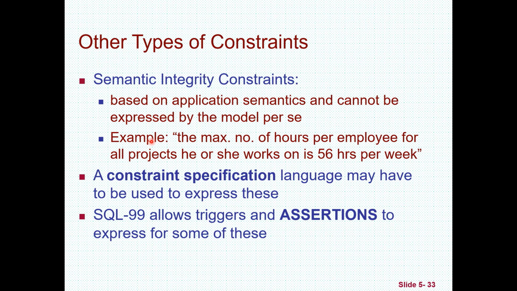For example, the maximum number of hours per employee for all projects he or she works on is 56 hours per week. If one person may work only 56 hours a week, we can keep that as a constraint. The constraint specification language may be needed to express it here.